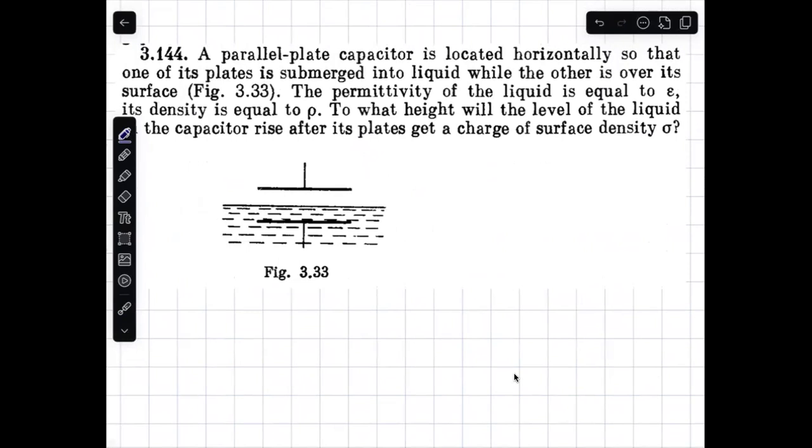A parallel plate capacitor is located horizontally so that one of the plates is submerged into the liquid while the other is covered with the surface. Permittivity of the liquid is equal to epsilon, density is equal to rho. To what height will the level of the liquid in the capacitor rise?